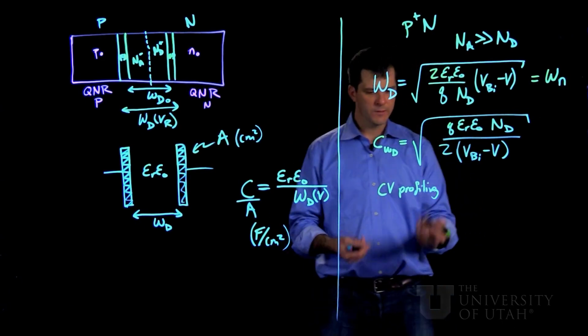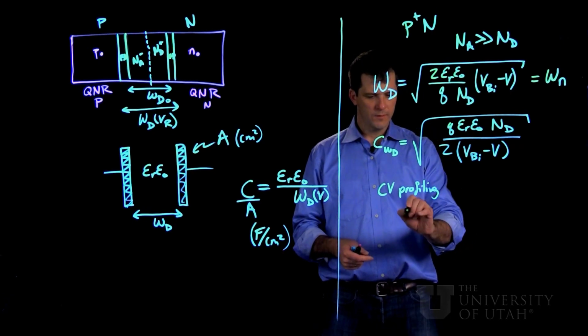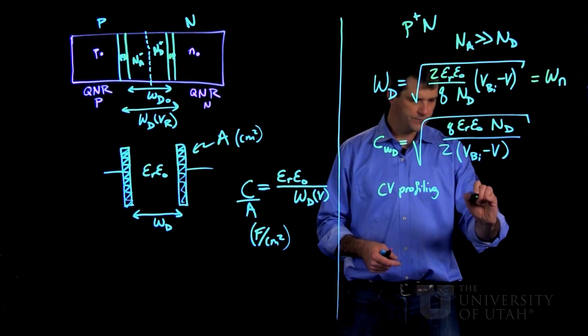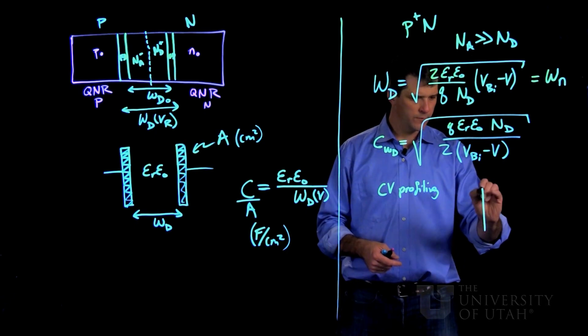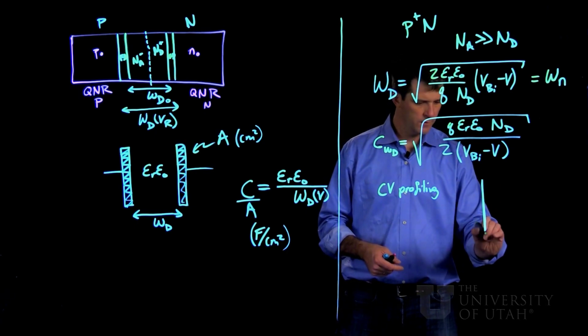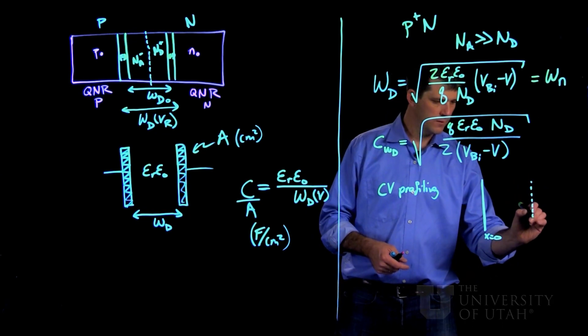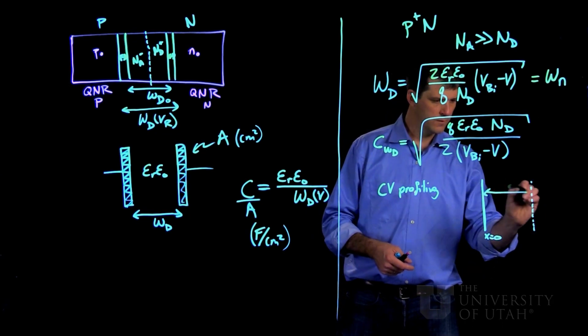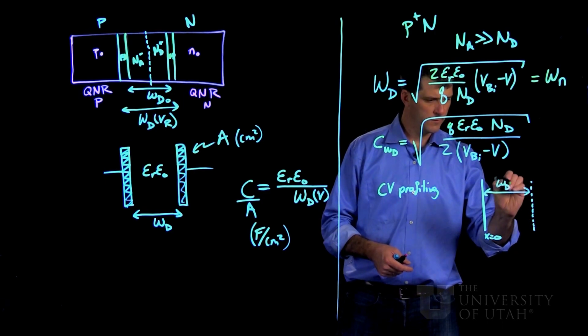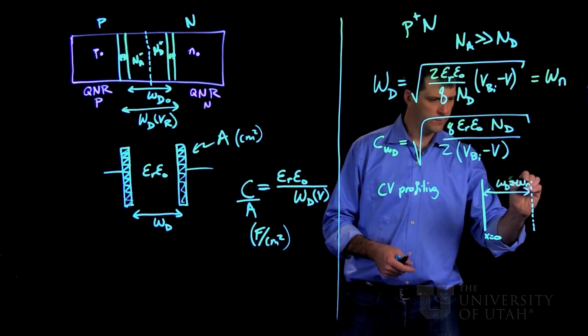So what we're going to do is measure the capacitance as a function of voltage. And so here's our x equals 0, and here's our WD, which we're saying is approximately equal to Wn.